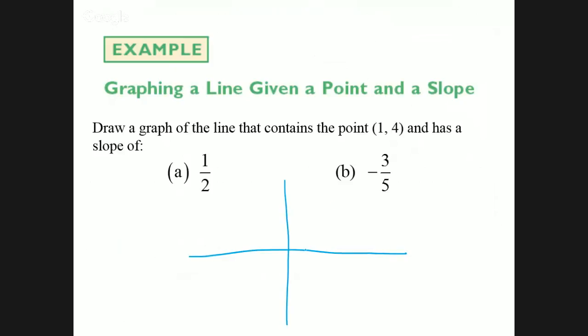is we've got a point (1, 4). And in the case of A, we've got a slope of 1/2. What that means is if we start from this point and go up 1, out 2, rise of 1, run of 2, 1 divided by 2, or we could go backwards, rise of -1, run of -2.